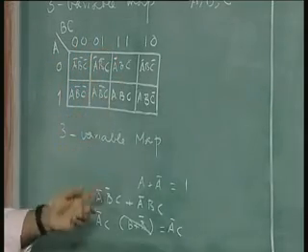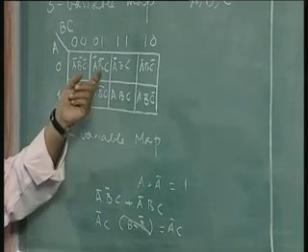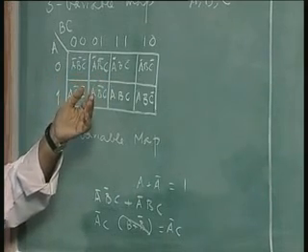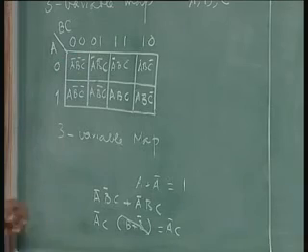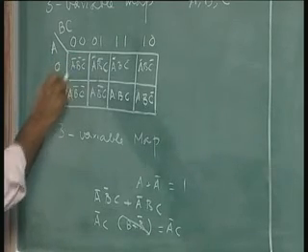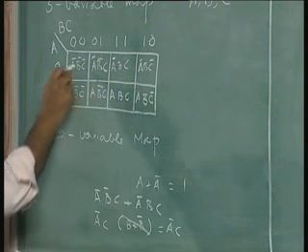Then I can combine them to knock off the variable which varies from this cell to this cell and retain the other two variables which do not vary. The same thing applies here also. See here A only changes, B value, C value remain the same in all these cases.